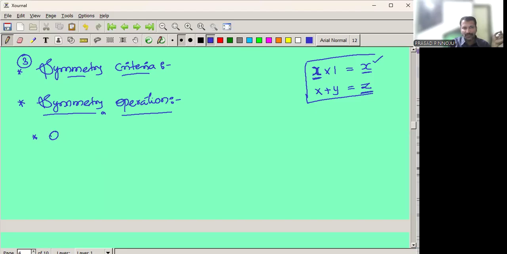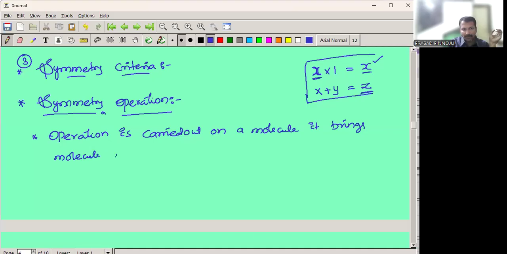Here, symmetric operation. An operation, that is any kind of operation, either a multiplication or division, anyone, is carried out on a molecule, which brings the molecule into a new configuration which is identical with the older one.